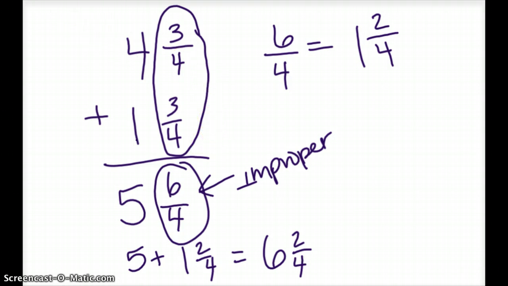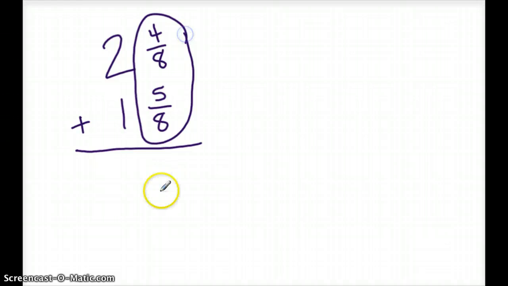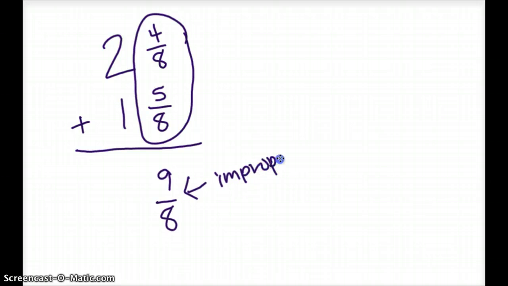I'm going to do another example so we really understand. So if I have 2 4/8 plus 1 5/8, when I add these together, I get 9/8. This is improper. So I need to change it to a mixed number.